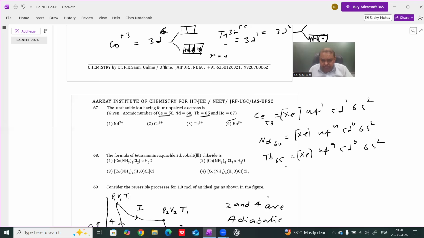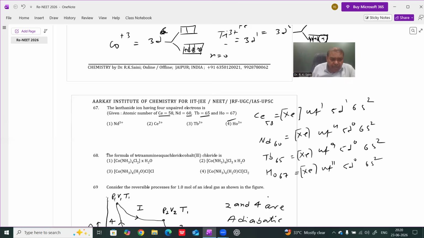In case of holmium, 2 more electrons than terbium, 67, and its electronic configuration is xenon 4f11, 5d0, 6s2. So, dear students, I can say you learn the electronic configuration of first and last element of lanthanides as well as actinoids, and then electronic configurations are so smooth.